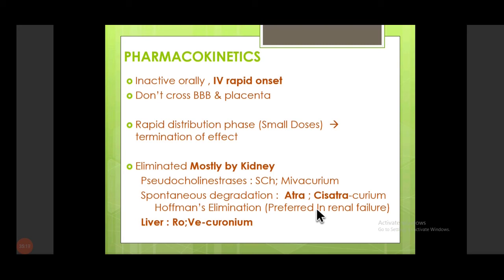Here, the drugs are themselves converted into some alkene derivatives. Alkenes are unstable and are spontaneously degenerated. Mark this next point also: since these are spontaneously degenerated, these drugs do not require liver or kidney for their elimination or excretion.